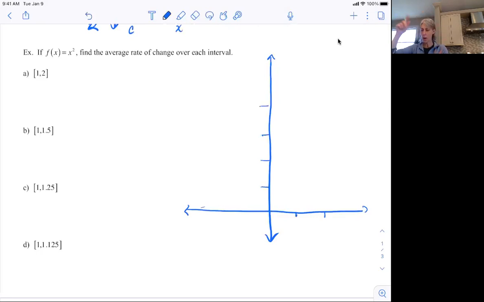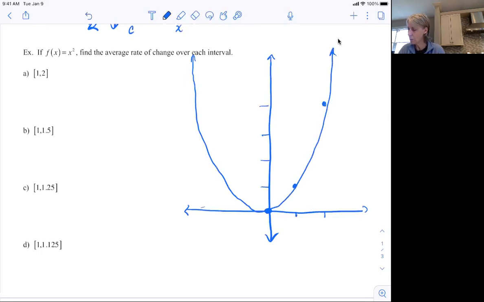So our parabola x squared: 0, 0, 1, 1, 2, 4. Okay, so there's my picture, y equals x squared.